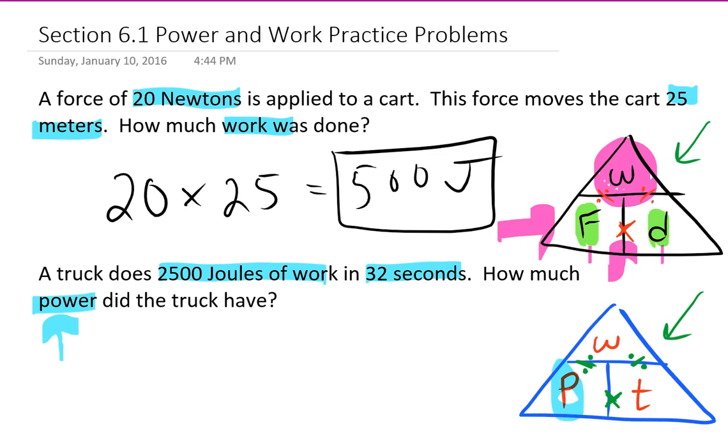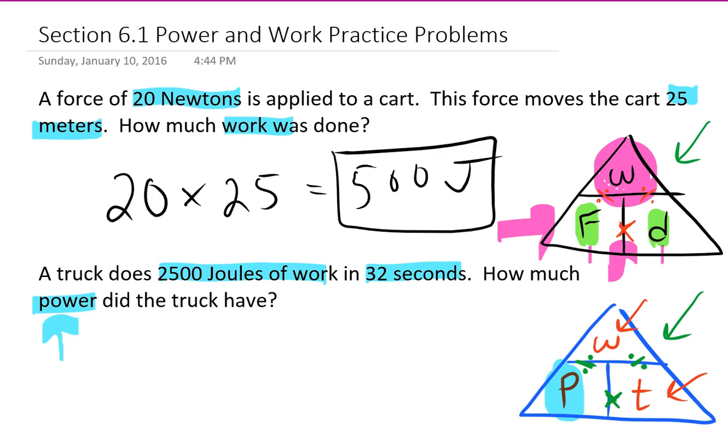So we look at the power, cover that up, and we now have work and time on top of each other. Because these are on top of each other, we need to divide. So we do work divided by time.